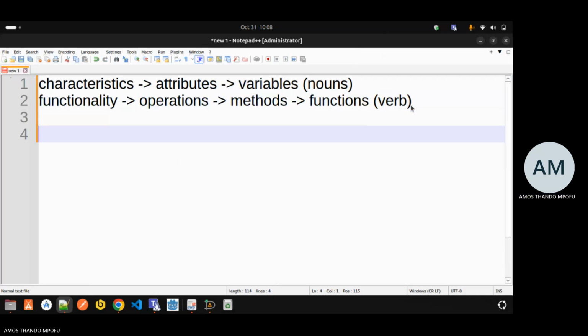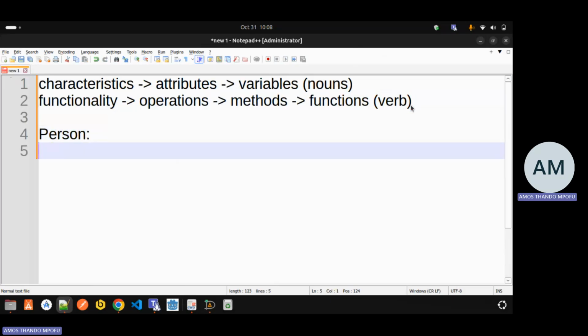So to make an example, right? A simple example. Let me think of an example. What example can I make? So let's say a person, right? So let's say we have a person object. So what are the characteristics of a person? A person's characteristics are basically information about the person, right? What can we know about the person or that object or that thing?